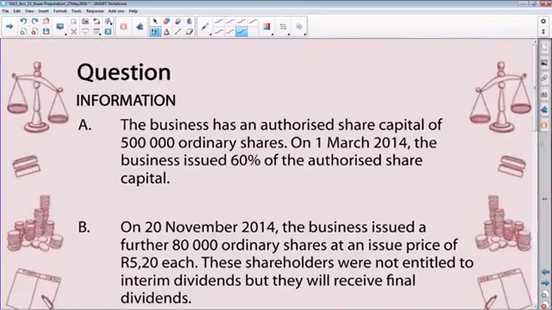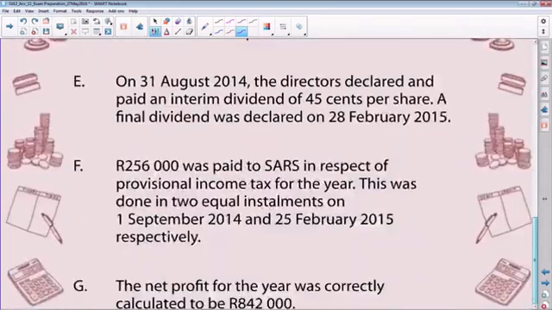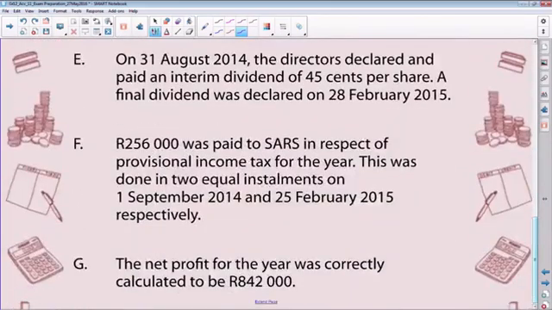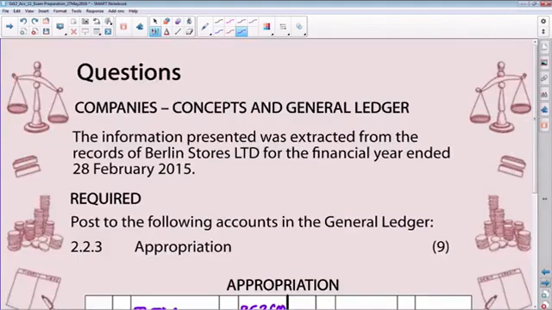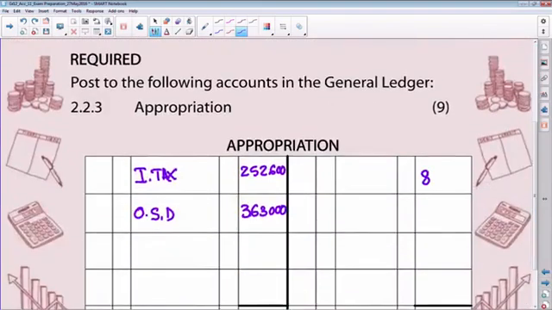Okay, what else do we know? We are told that the net profit for the year was correctly calculated at 842,000. Immediately I tell myself, fine, 842,000 is my profit and loss figure that is calculated and given to me. What would have happened if I had to calculate that figure?